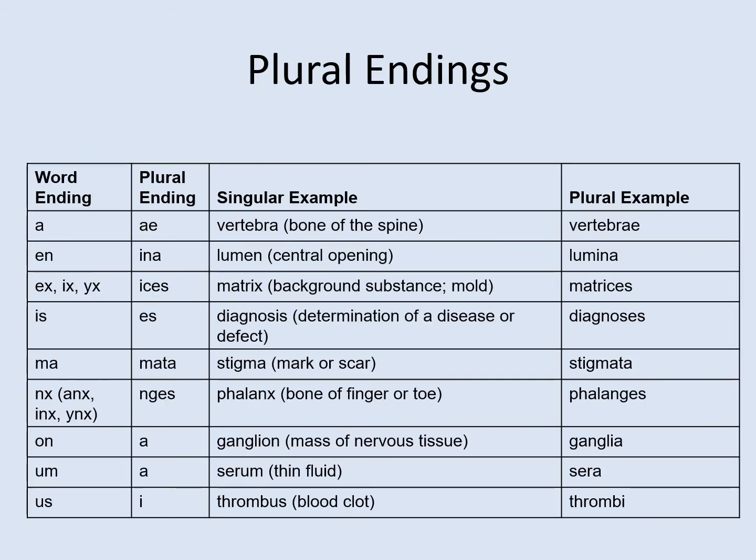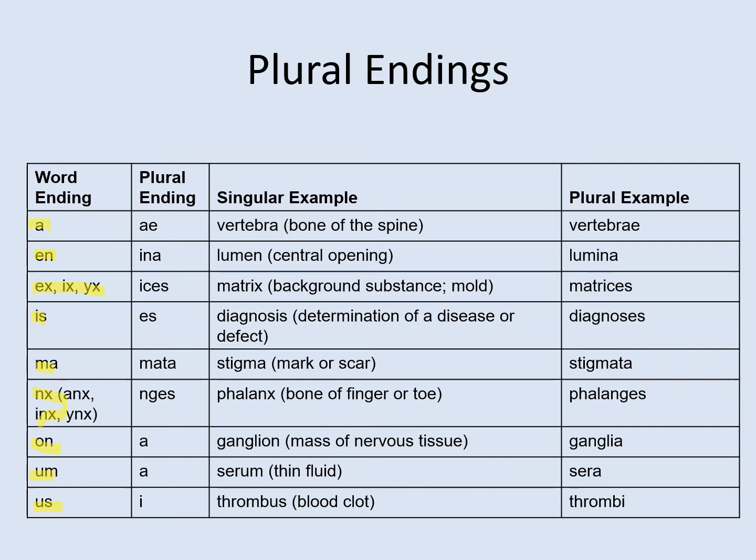Plural endings include the following: a, en, ix, ending in x, is, ma, nx, on, and us.